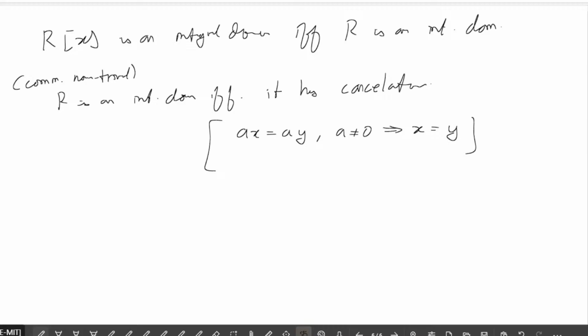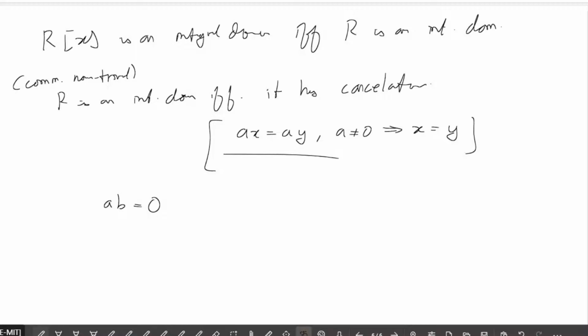Why is it true? Because if you have ax equal to ay, you can rewrite this as a times (x minus y) equal to 0. Then a is not a zero divisor because it's not 0 and it's an integral domain, so x minus y has to be 0. And vice versa: suppose we assume this property rather than integral domain.